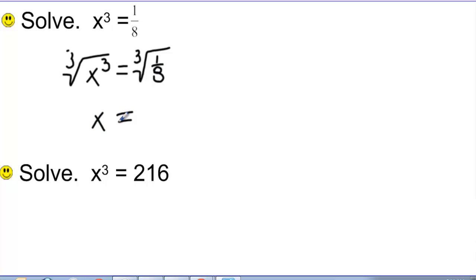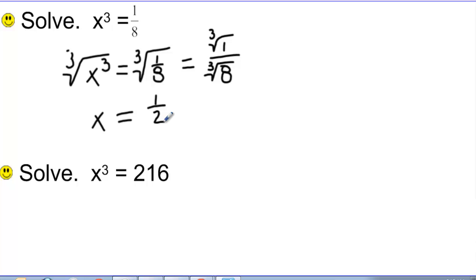And the cube root of 1/8 is the same as taking the cube root of 1 over the cube root of 8. So I could rewrite this right here. And the cube root of 1 is just going to be 1, because 1 times 1 times 1 is 1. And the cube root of 8 is going to be 2, because 2 times 2 times 2 equals 8. So if x cubed equals 1/8, then x has to equal 1/2.